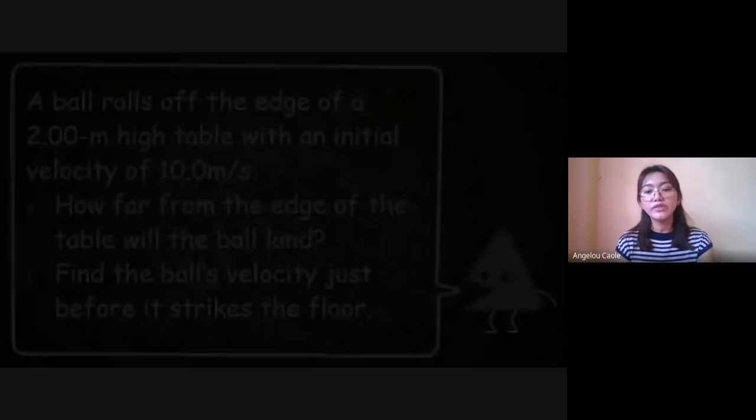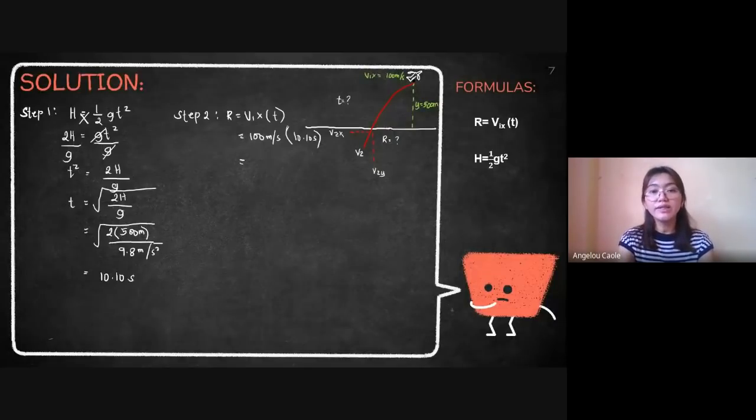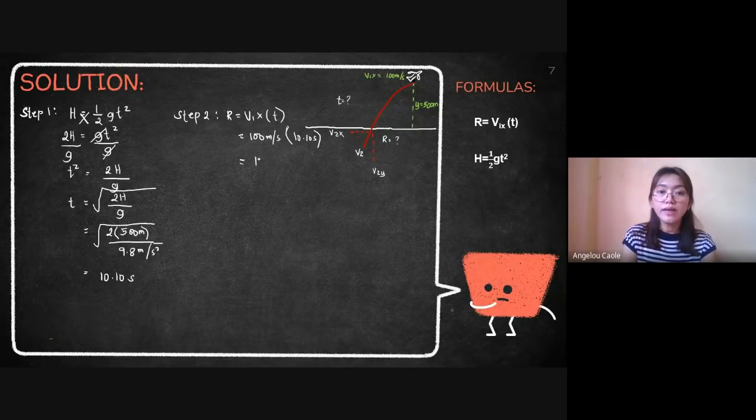So 100 meters per second times 10.10 seconds is equal to 1010 meters. So our final answer for time is 10.10 seconds, and for the range is 1010 meters.